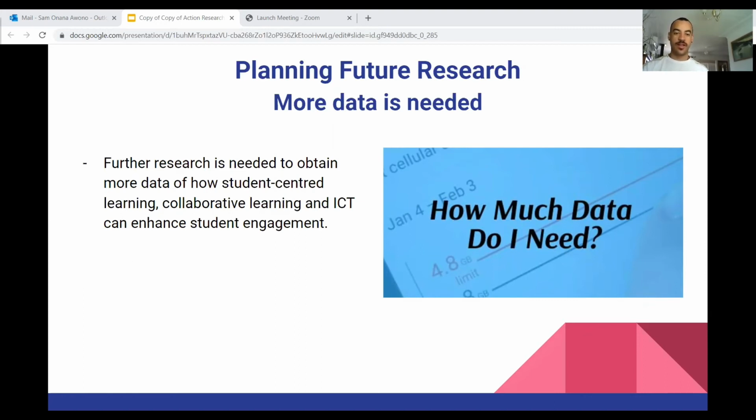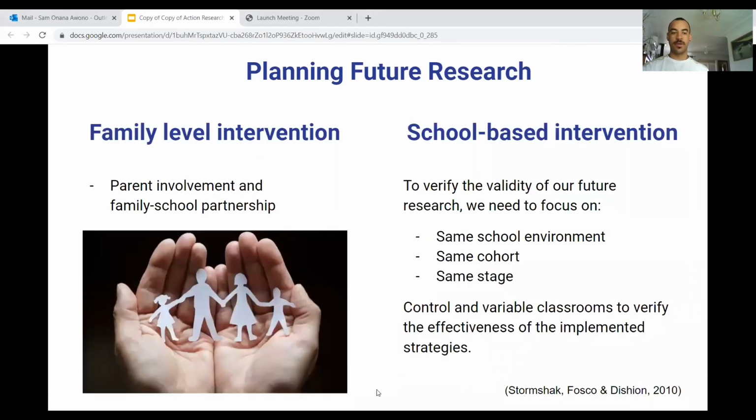Our primary data collection produced interesting results. However, more data is needed to fully answer our research question, particularly focusing on collaborative learning, ICT, and student-centered learning. Initially, we focused on teachers and students from diverse school environments and from different cohort stages.